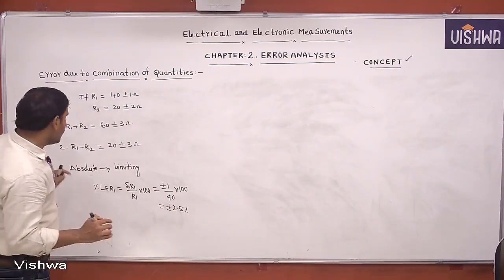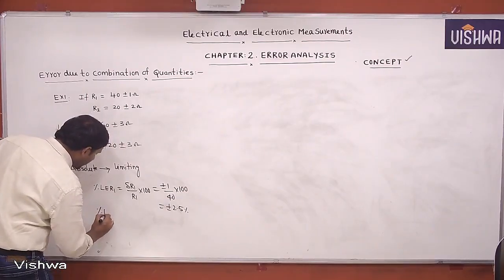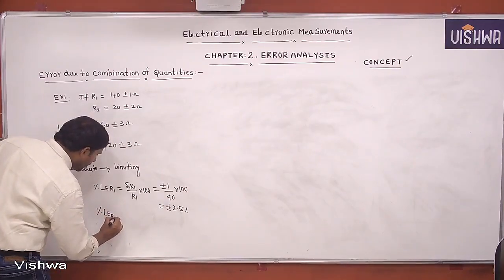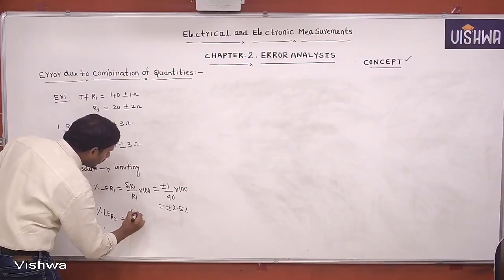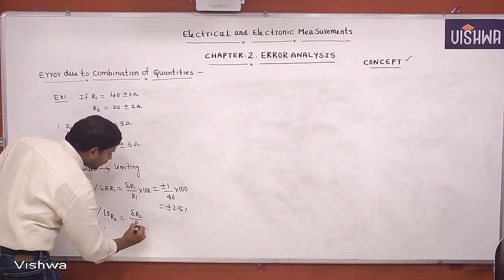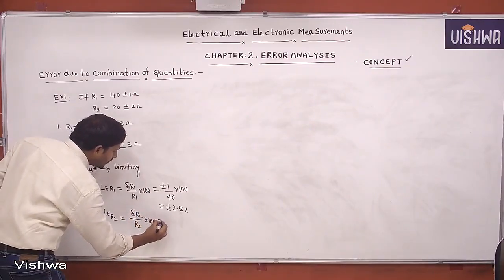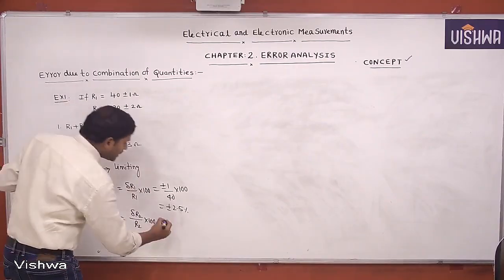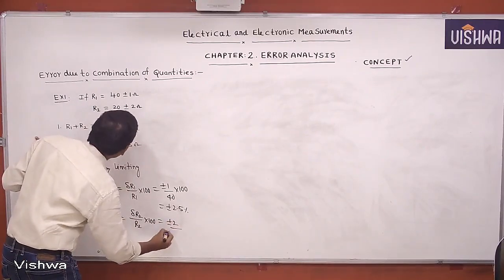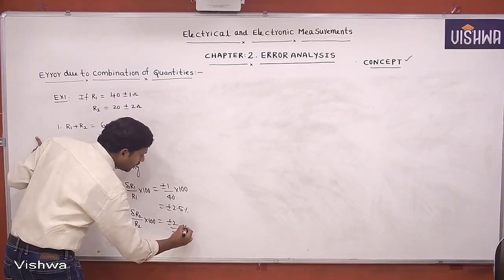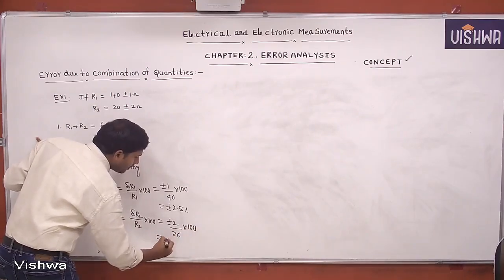What is the percentage limiting error in R2, you tell me? Percentage limiting error in R2 equal to delta R2 by R2 into 100. What is delta R2? Plus or minus 2 by R2, which is 20, into 100. How much we get? Plus or minus 10%.